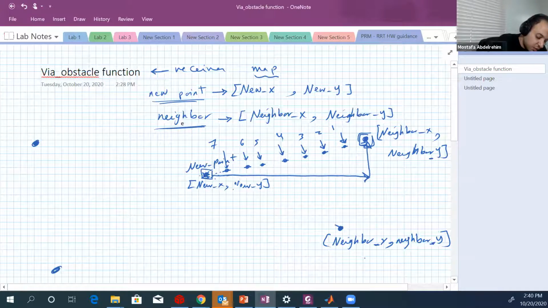Okay, so if we just draw vertical lines like this, we're gonna notice something. There is another point here.